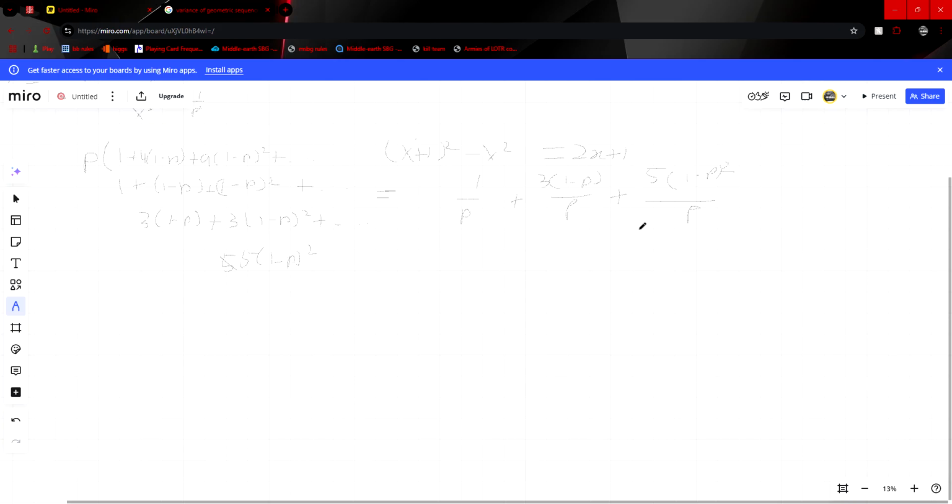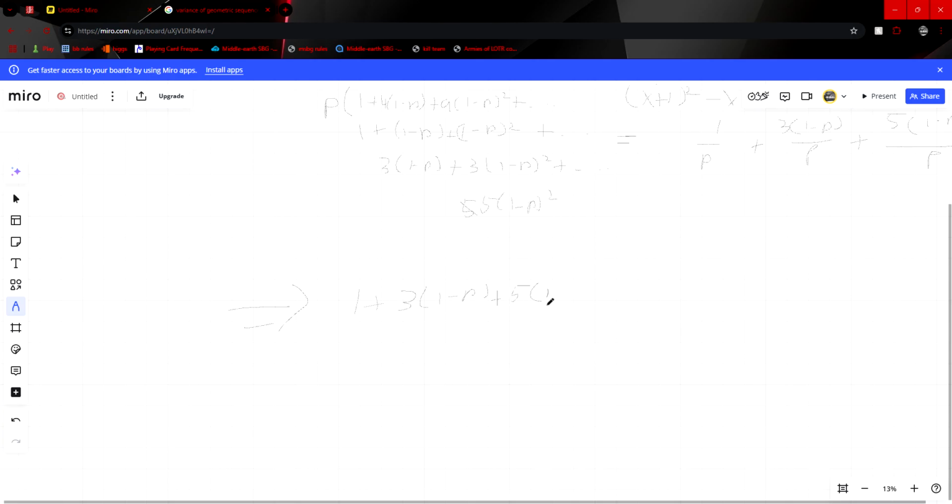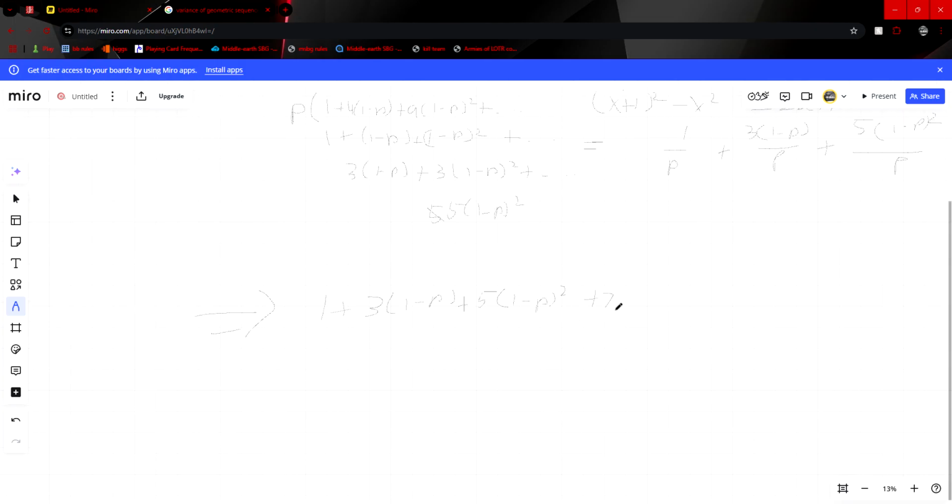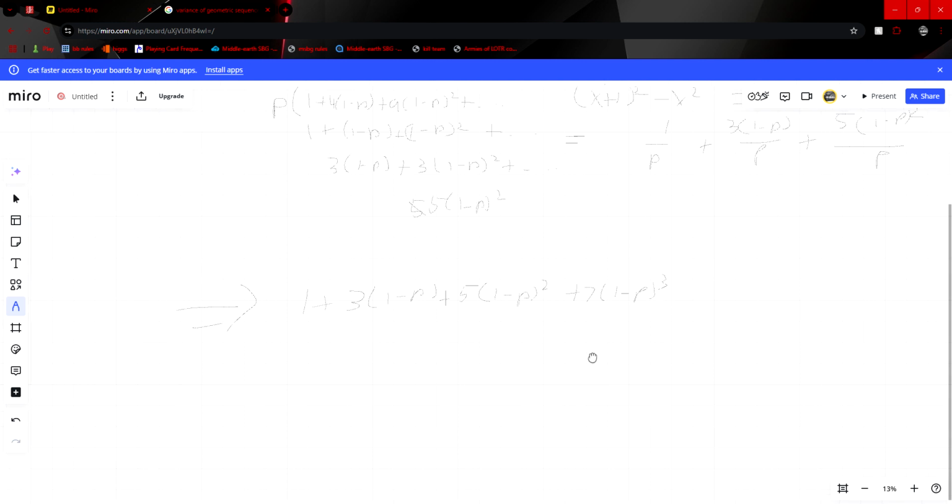And we all know these p's cancel out because of the p before, so this whole sum is equal to 1 plus 3 (1 minus p) plus 5 (1 minus p) squared plus 7 (1 minus p) cubed, and so on.